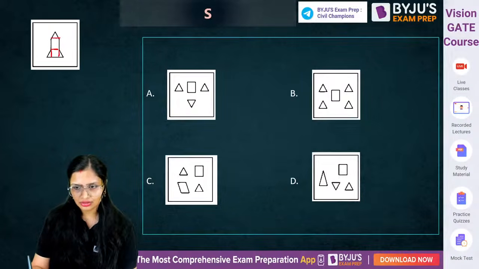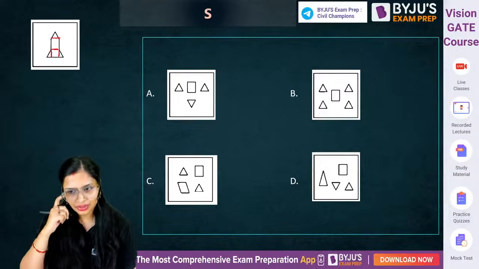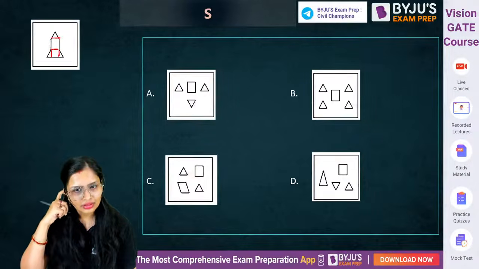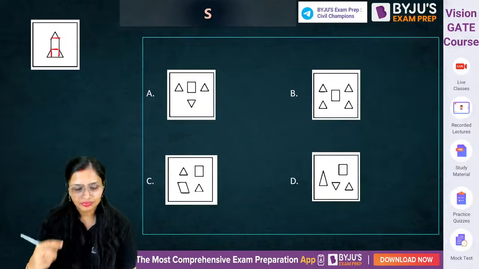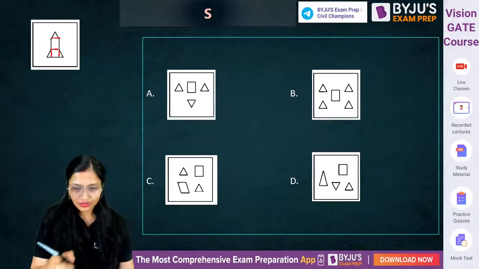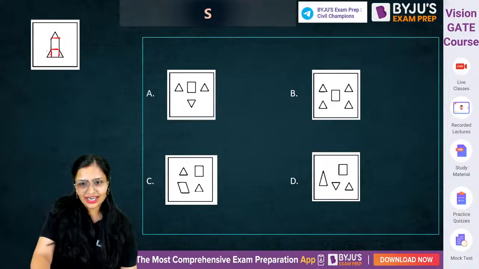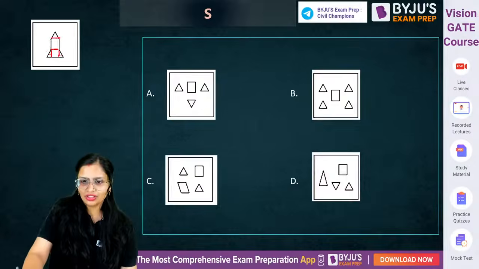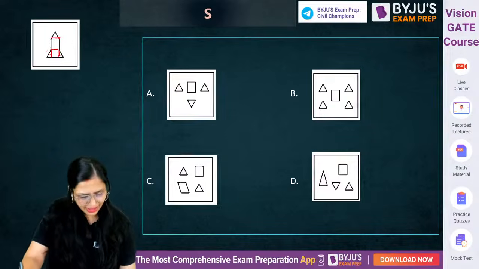Quickly. 2A. Very good. You will see that the 3 triangles are there which will make the bottom part and this portion. So it will be A or B.